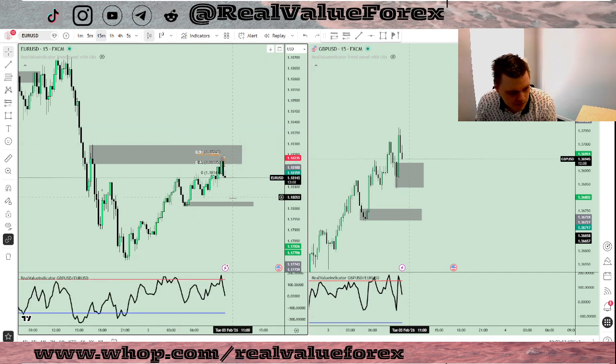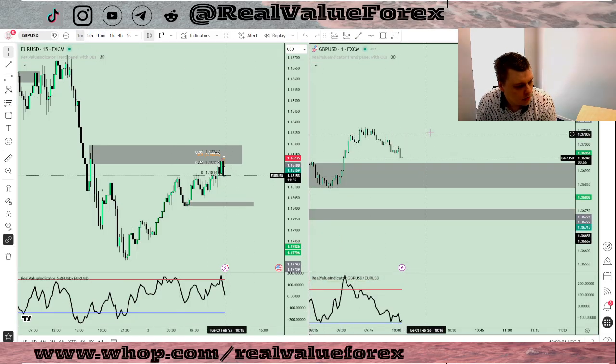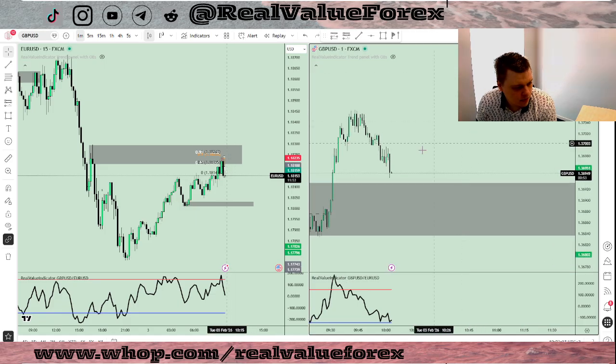If it goes really low, then I probably don't want to enter anymore, but gbpusd is looking better. Let's go back to the 1 minute. We are nearly there, probably on the next push we will get the signal as well, so let's see.